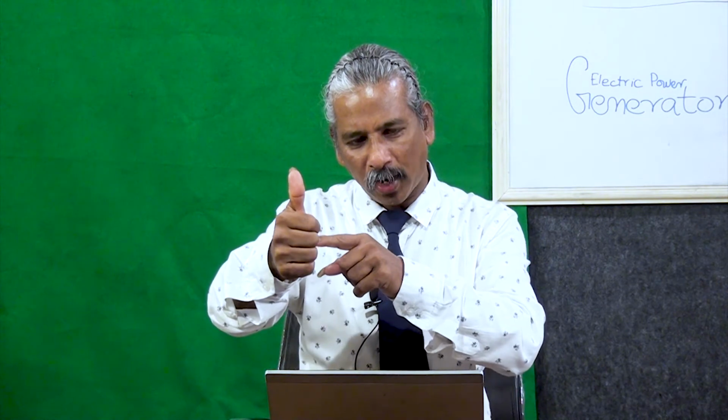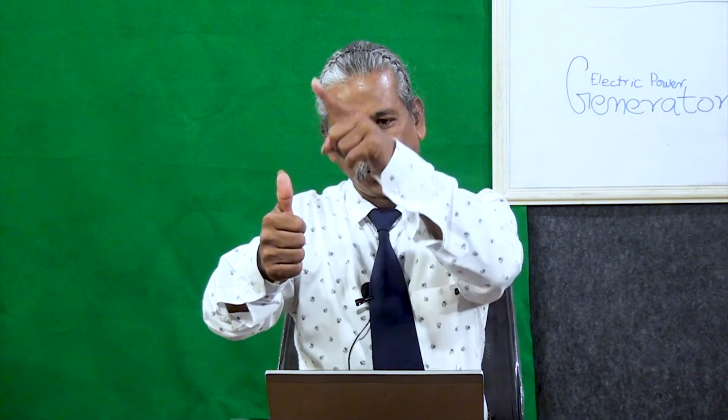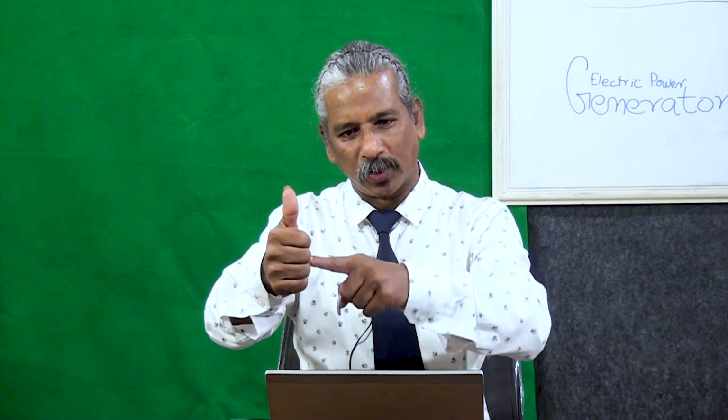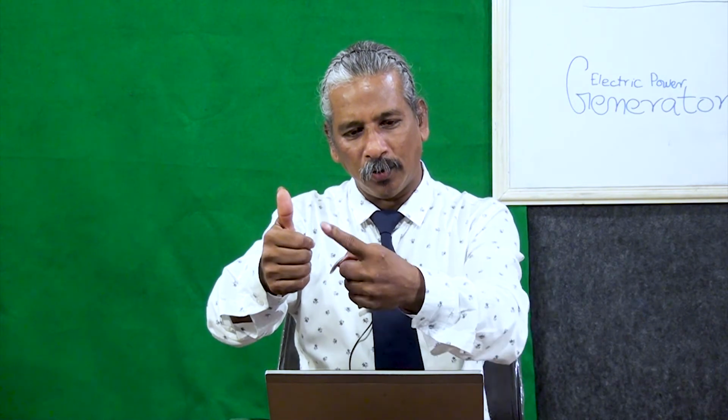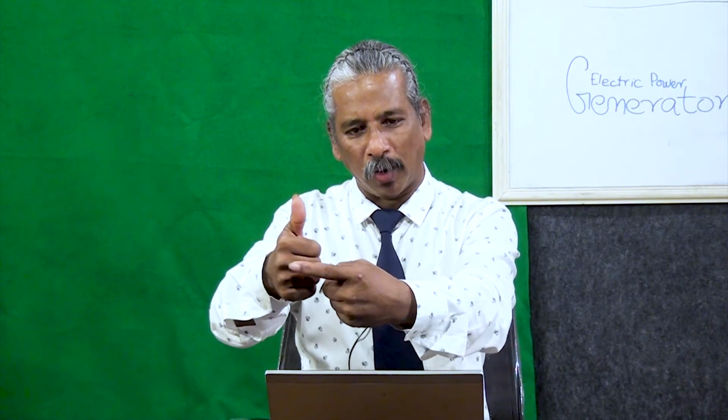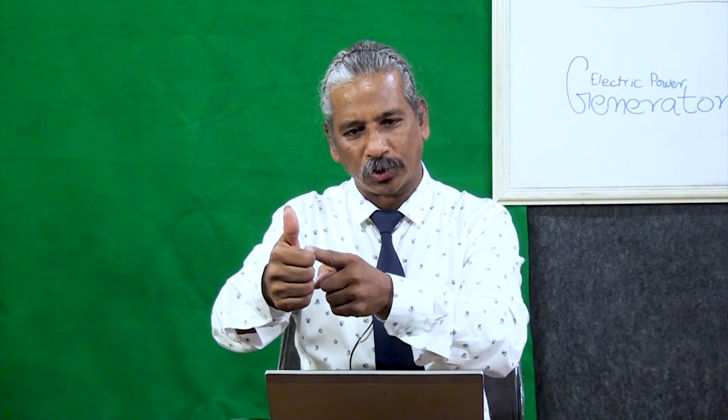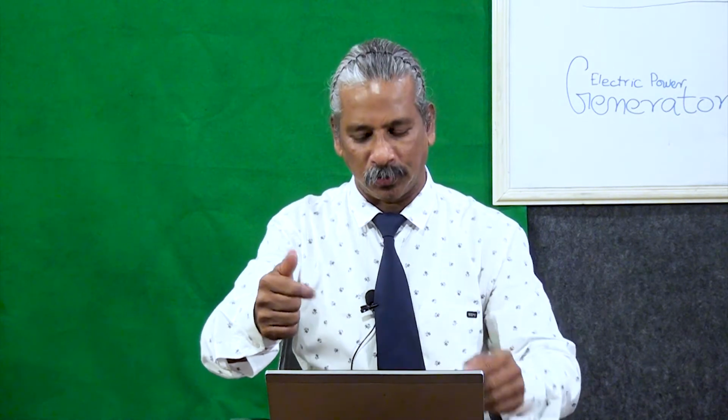You can see, hold your hand around the wire with the thumb pointing in the direction of current flow, and then the magnetic field will be in the same direction as the wrapping fingers.